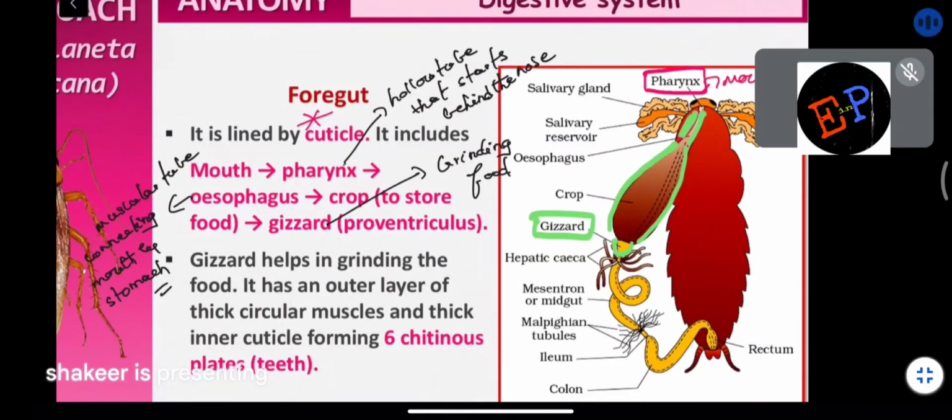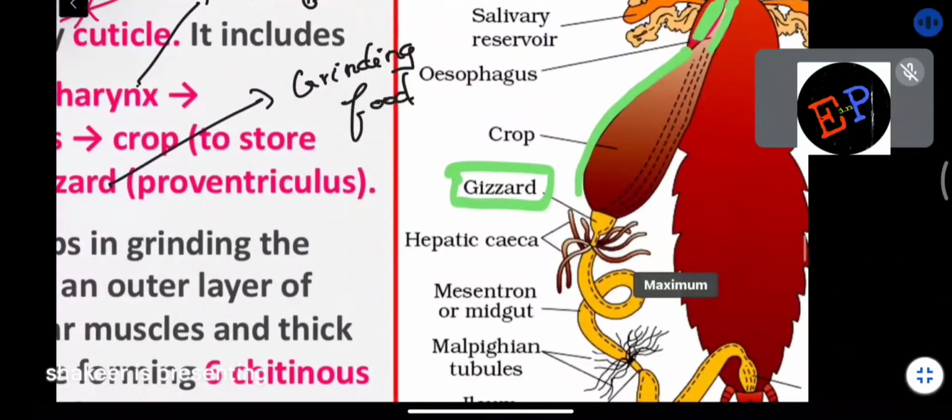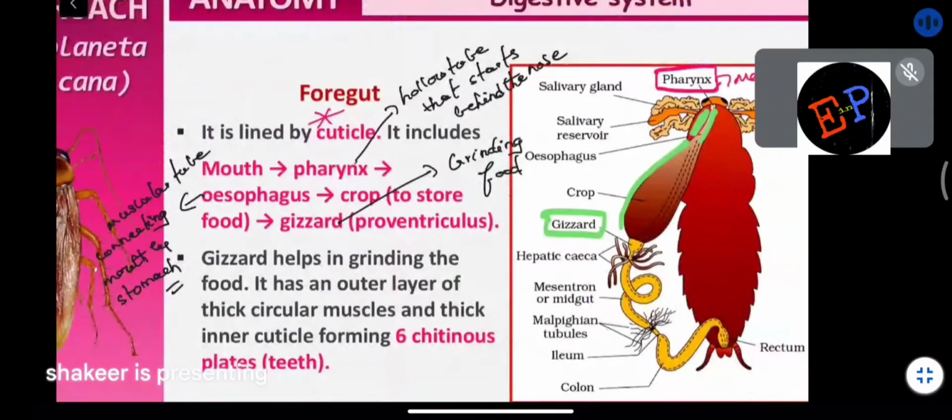Okay, so this gizzard, this small region which you are seeing here, is called the gizzard. Are you able to understand? And what is the function of this gizzard? Already we discussed, grinding of food material.